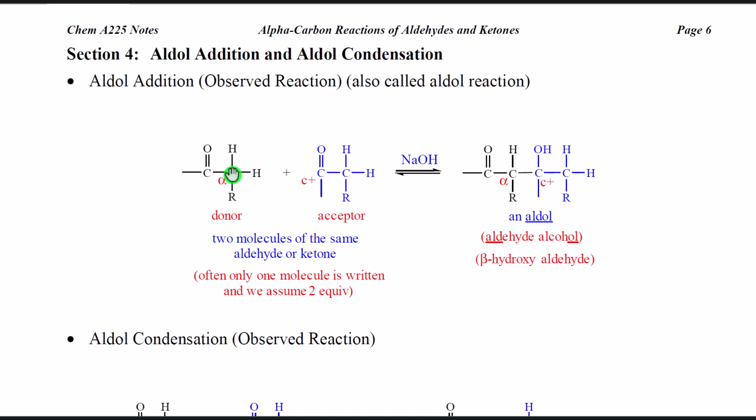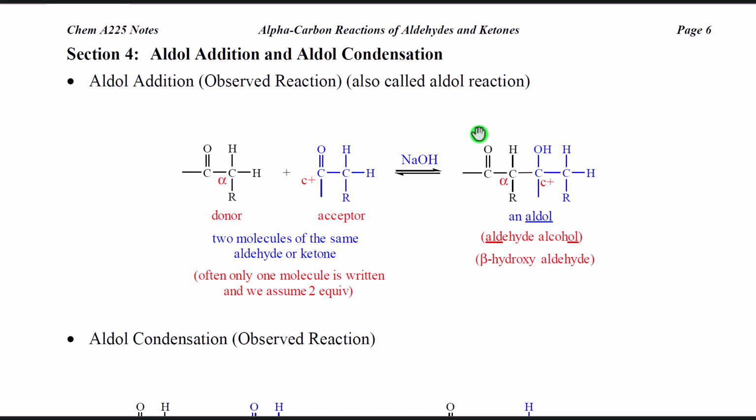The alpha carbon of the donor becomes connected to the C+ carbonyl carbon of the acceptor. Now, when that carbon attaches to C+, that's a nucleophilic addition. We have to push the pair of electrons out of the way on the carbonyl, and we end up with an alcohol OH after protonation.